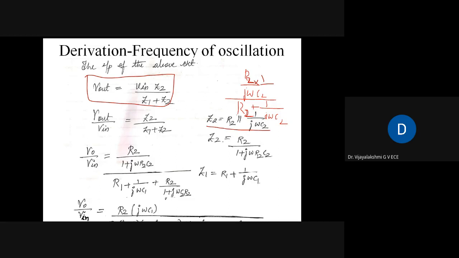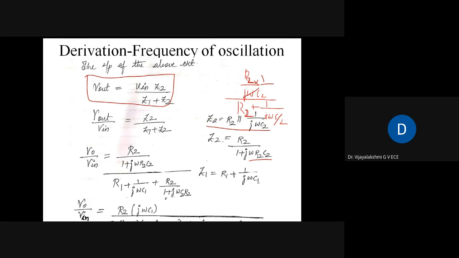Here in the denominator, if I take LCM, I get j omega C2 into R2 plus 1, and in the numerator I have R2 divided by j omega C2. So this j omega C2 and the j omega C2 in the denominator will get cancelled. So I am left with R2 divided by 1 plus j omega C2 R2.